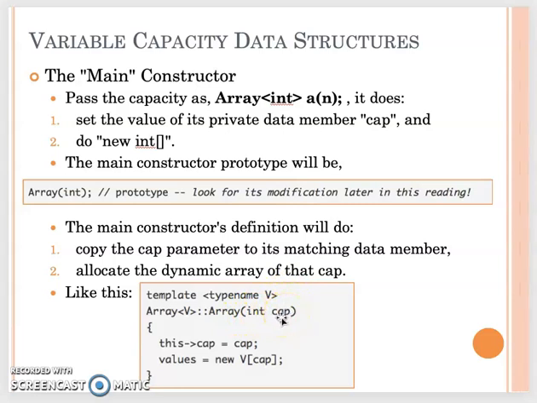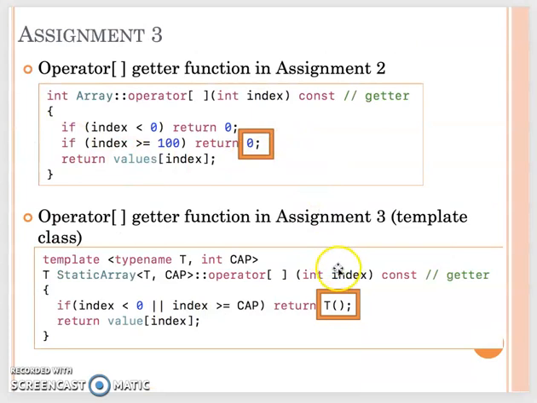Since we're using a variable name, the int cap changes to lowercase cap, so we can distinguish it from assignment 3, our static array. Remember, before in our static array we had the capital CAP.